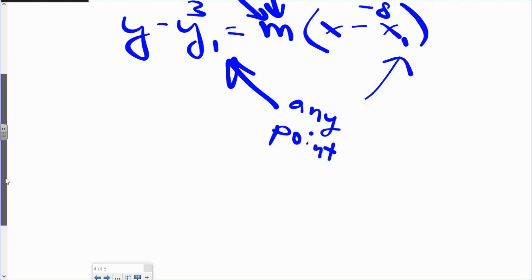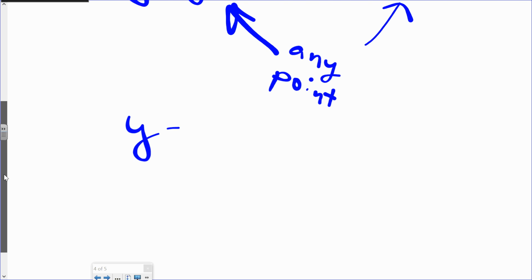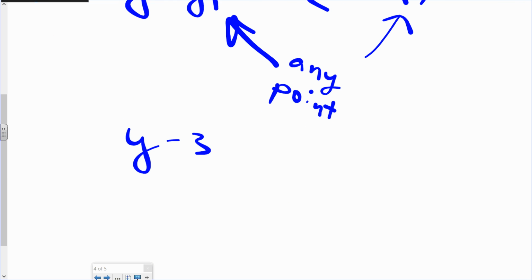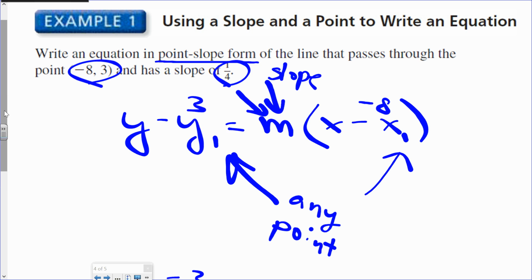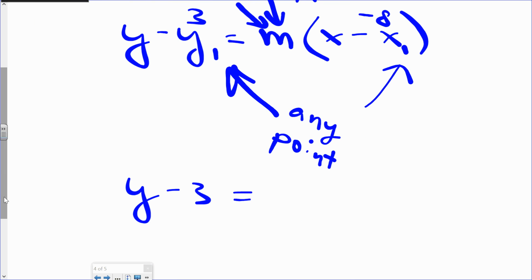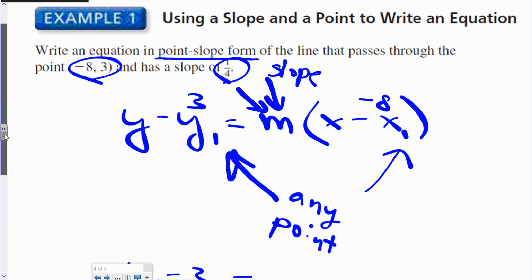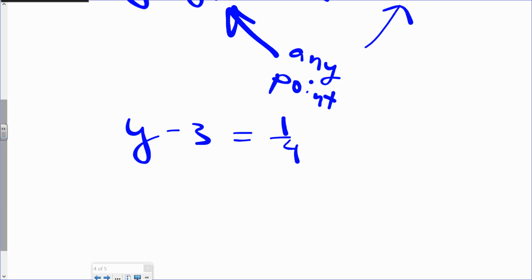Here we go. y minus 3. Again, that comes from the y coordinate of the point they gave us. They gave me 3. Equals 1/4 quantity. You want to sound fancy, just say quantity instead of parentheses.